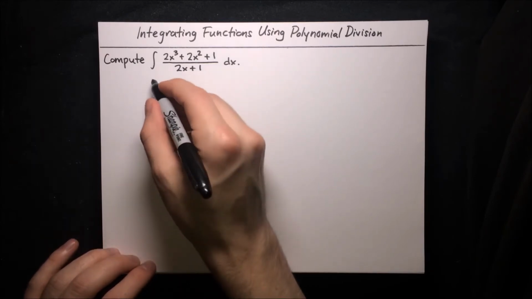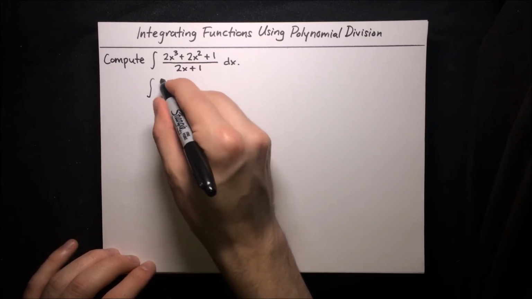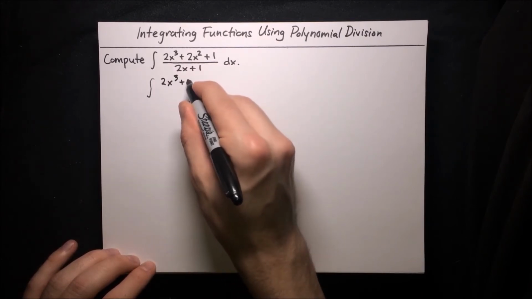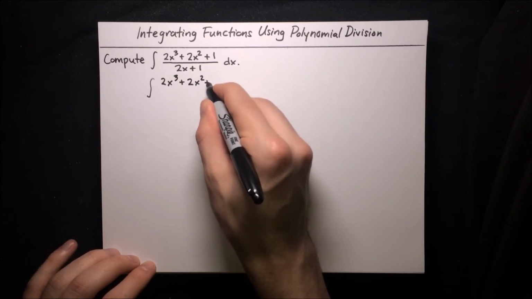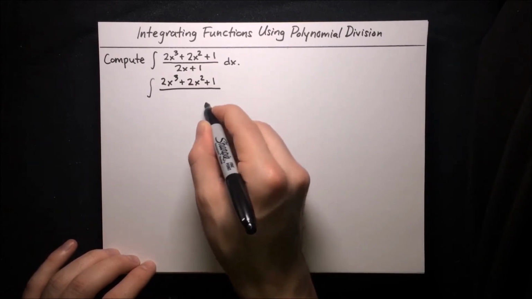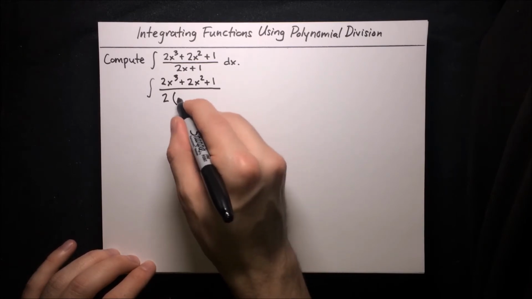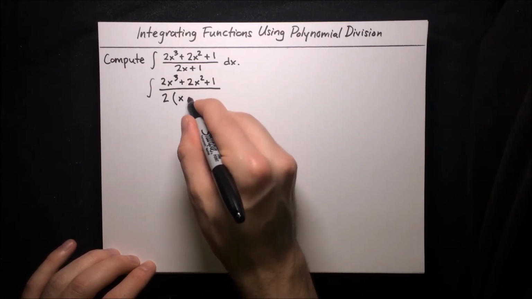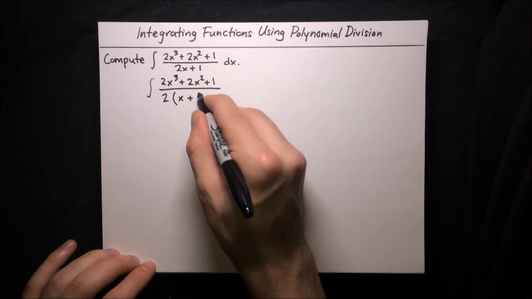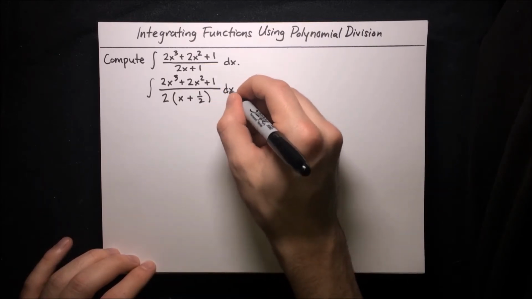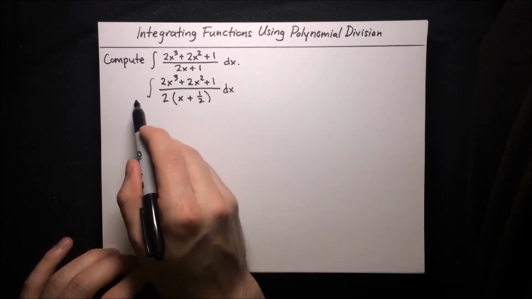We'll just write this integral again, once more factoring out that 2 from the denominator. So the numerator stays the same, 2x cubed plus 2x squared plus 1. And then in the denominator, we'll factor out the leading coefficient of 2, and then 2 times x makes 2x, and 2 times what makes 1? Well, 2 times a half makes 1. And now we can even factor out that 2 further outside of the integral.